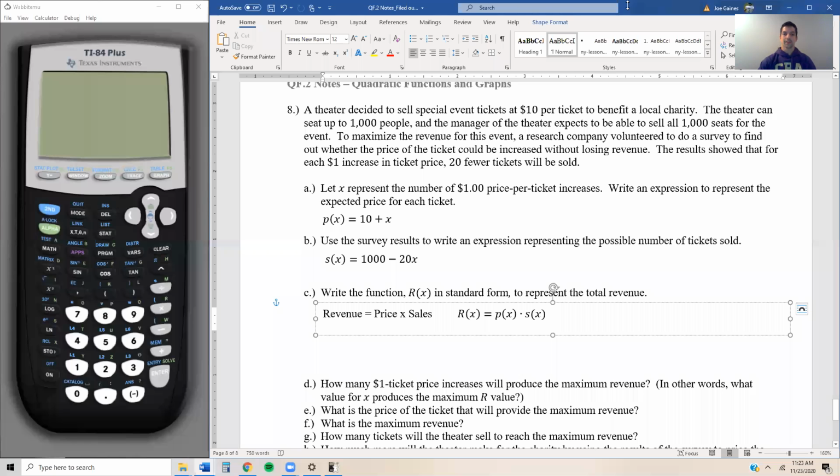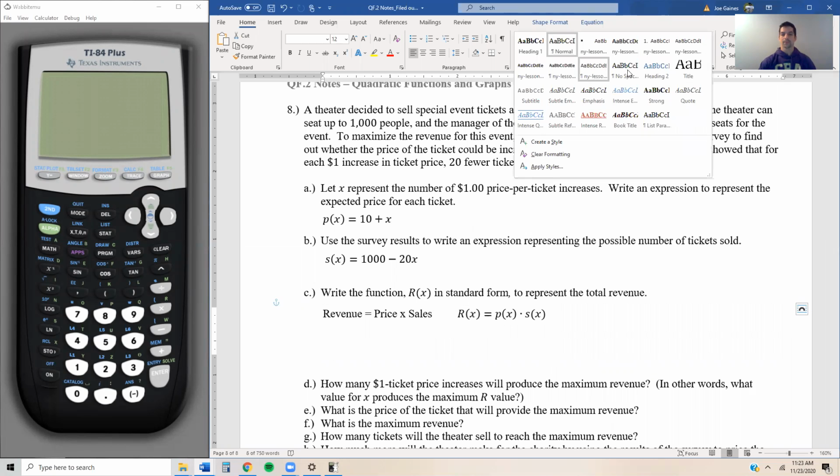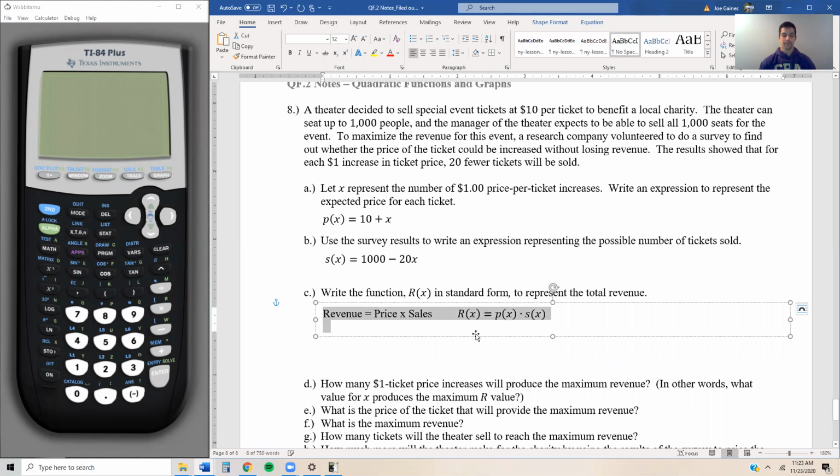So the question does tell us to write R of X in standard form. So what I'm going to do here is substitute in what we know about these equations.